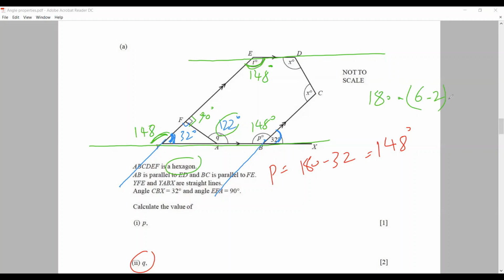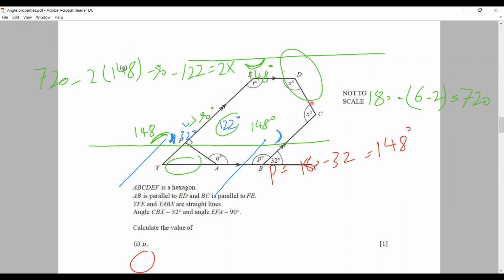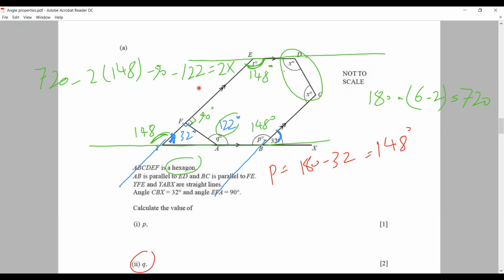So that is 4 times 180, which gives me 720. I subtract these values: 148, we have two of those, and 90, and then 122. That should give me 2x. So x is found to be 106, and that's it. Moving on to the next question.